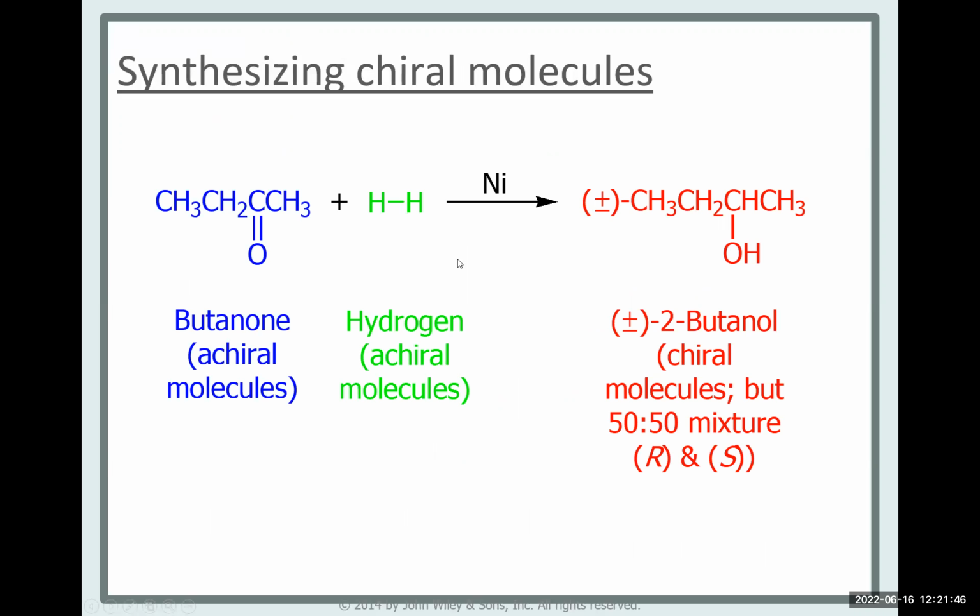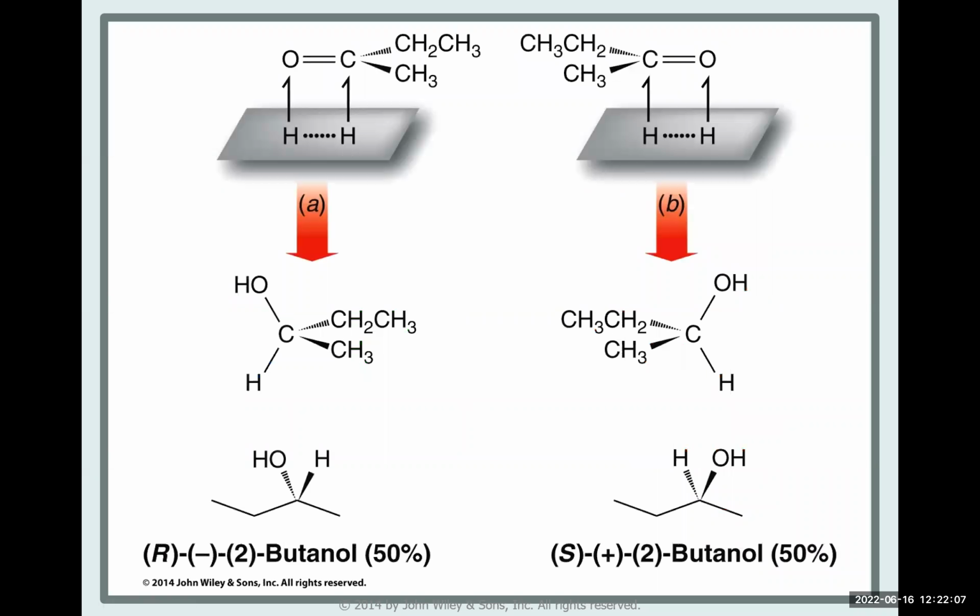I don't think you need to worry about this too much, but I do want you to know that in some of the reactions that we are going to do starting in chapter 6 next week, you will be able to create chiral molecules. That's part of why we're doing this, to lay the groundwork for you to know how the reaction you're doing is going to play out. Or you can make a mixture. Some of them will make mixtures.